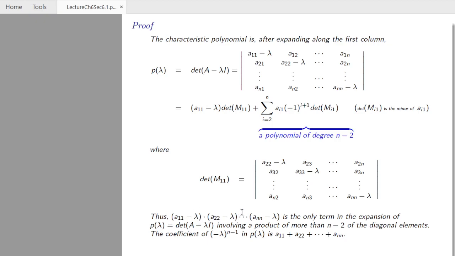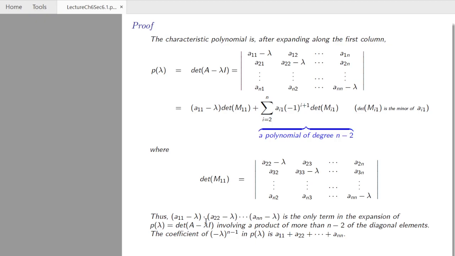We need to look at the power for lambda to the n minus 1.